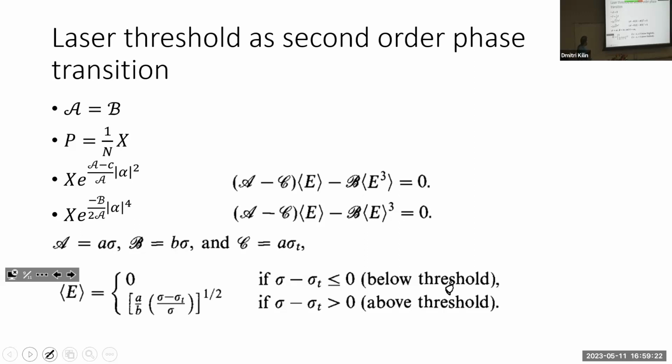Then the electric field squared will be energy, and it will be linear. As soon as you reach your threshold and get higher than threshold, then the electric field will be, what you said, proportional to what? It's proportional.